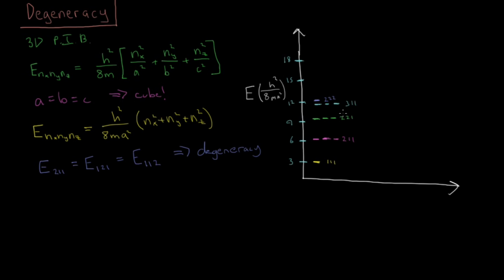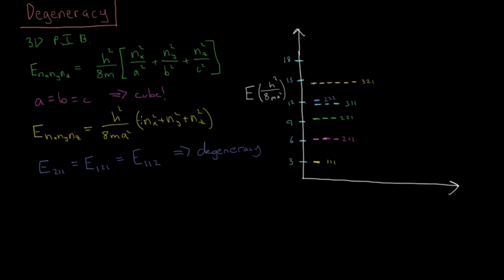Then moving up, things also get more crowded as you go. Specifically at 14, we have the first 6-fold degenerate situation where we have 3, 2, 1. You'll find 6 different ways you can arrange 3, 2, 1, and there are 6 different states for that set of quantum numbers. So that's a very, very degenerate state.